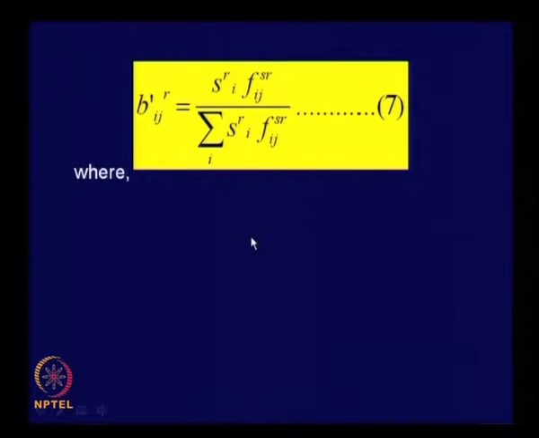So we can write B dash ij r, where r refers to the type of service, is equal to S_R_i F_R_ij divided by the sum of the same as we have shown in the numerator, shown in the denominator, isn't it?